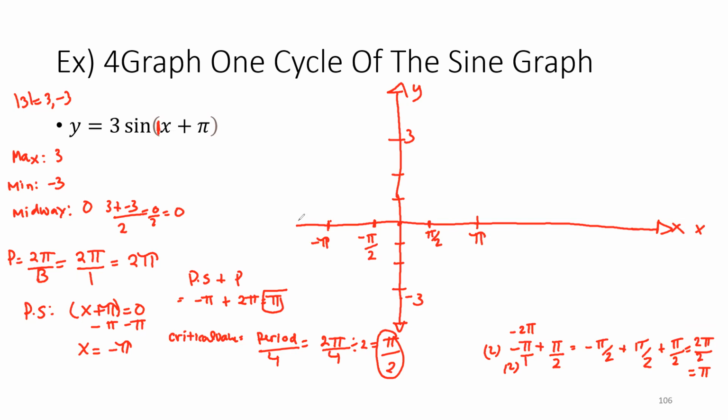Okay, so I have no idea how this graph would look. What you could do is plug in a few points. So let's plug in the x value negative pi. So that is 3 sin of 0. Sin of 0 is 0.